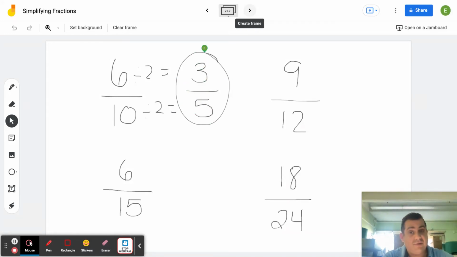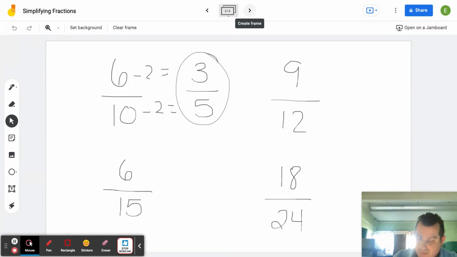Now, 3/5 is in simplest form because there's no factor that can go into 3 and can also go into 5. And actually here, the greatest factor that will go into 6 and 10 is 2. So 6/10 simplified in simplest terms is 3/5.